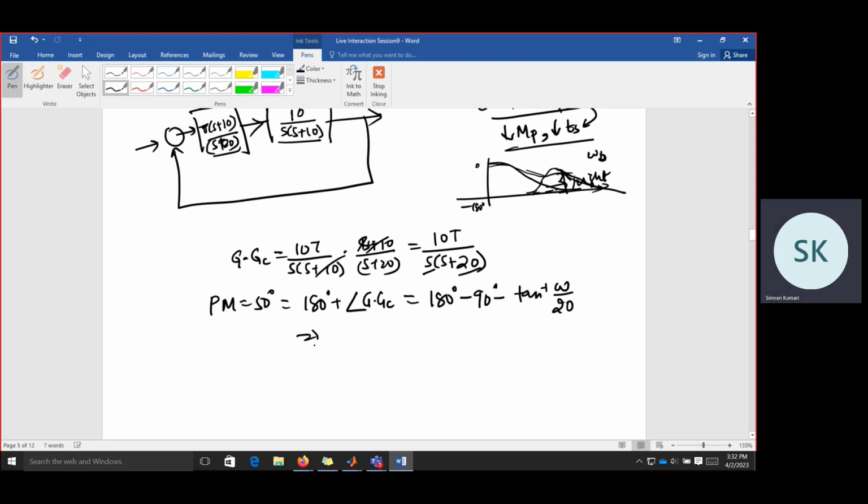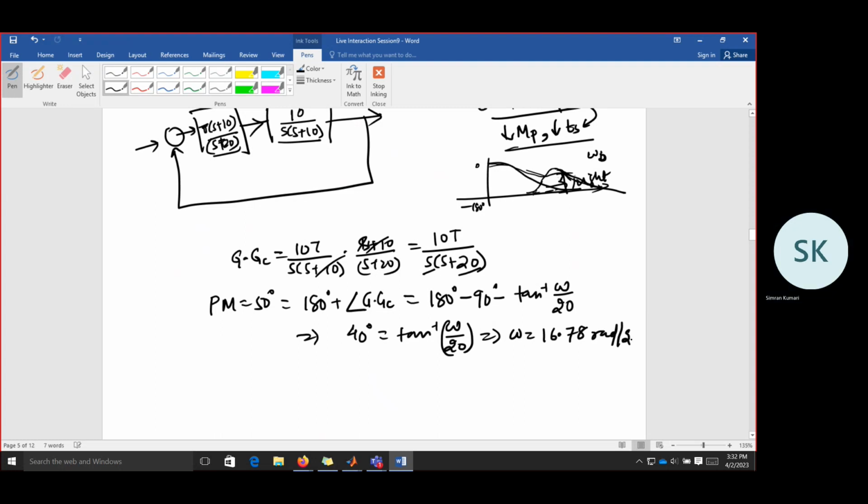So 40 degrees equals tan inverse of omega by 20. We'll just solve it and get omega equal to 16.78 radian per second. So this is the frequency at which the phase margin is 50 degrees.